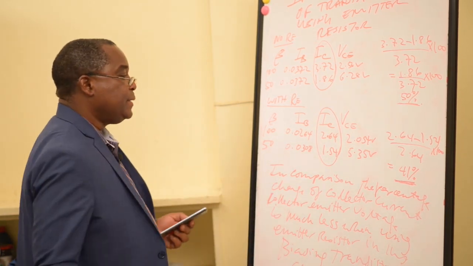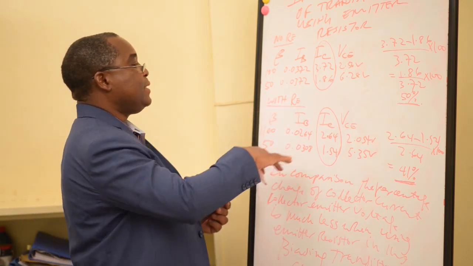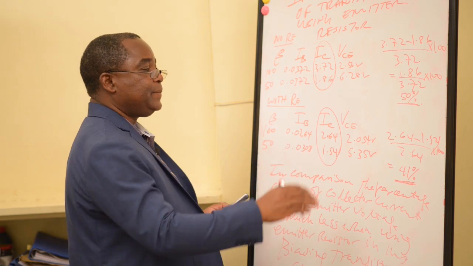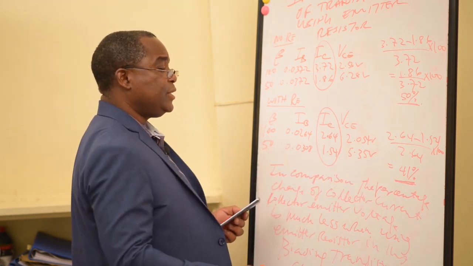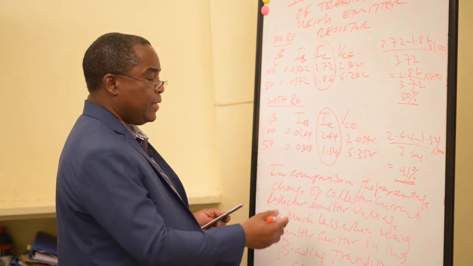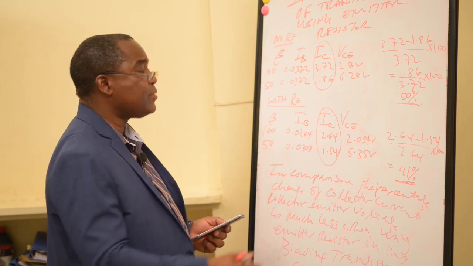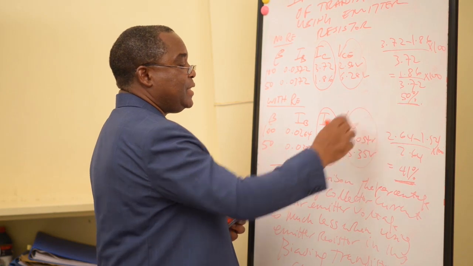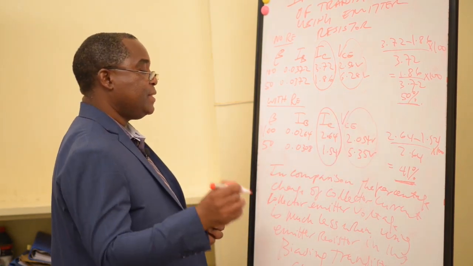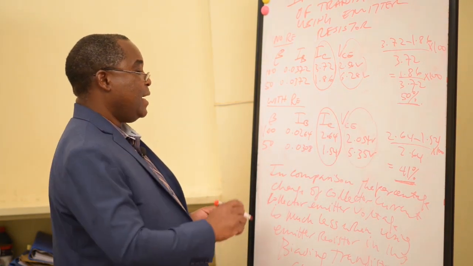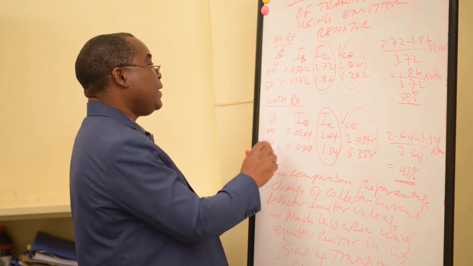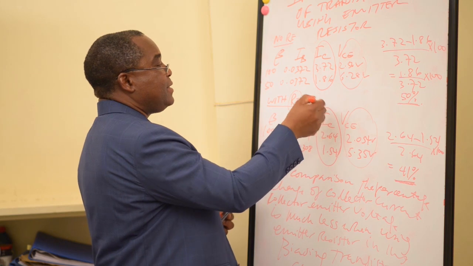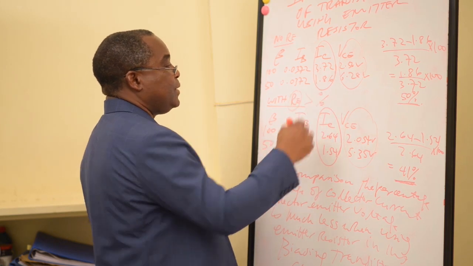This is our conclusion, and we've seen from the data in two tables that when you introduce an emitter resistor, the percentage change of collector current and also the percentage change of collector emitter voltage becomes much lesser, and the higher the emitter resistor, the less the percentage.